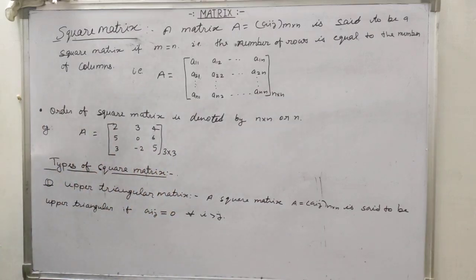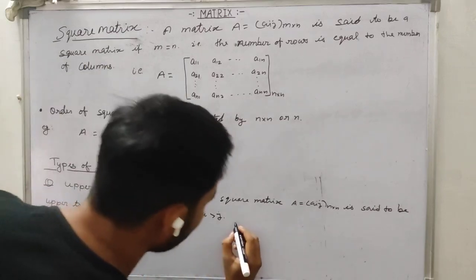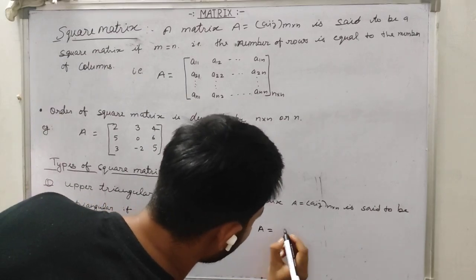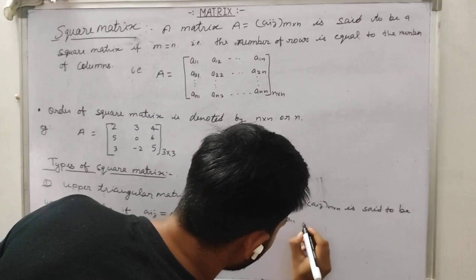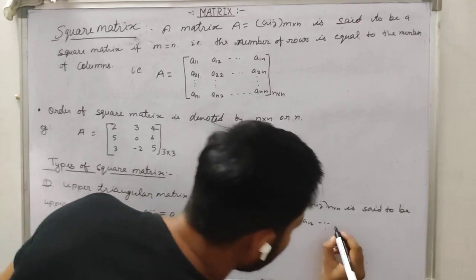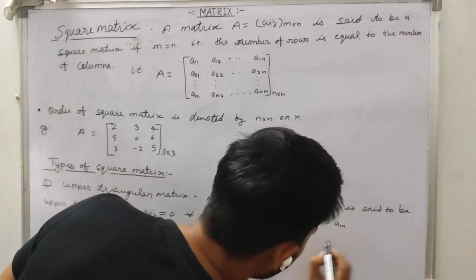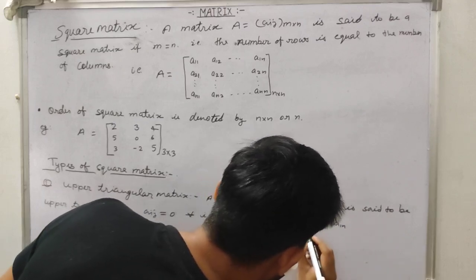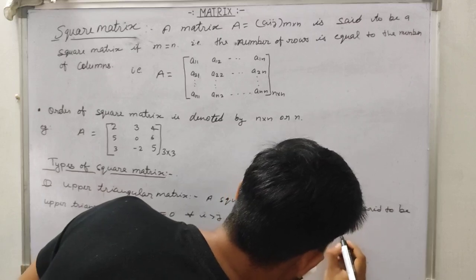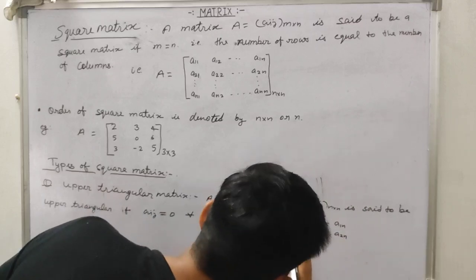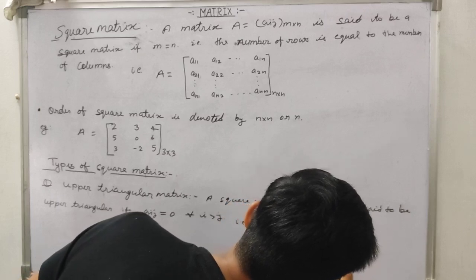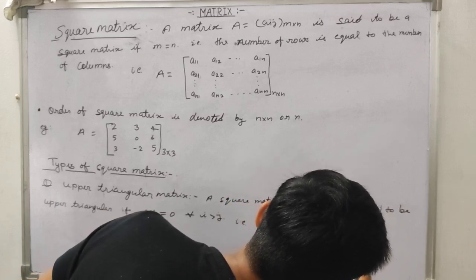That is, A is equal to A11 A12 ... A1n, then 0 A22 ... A2n, similarly 0 0 ... Ann.